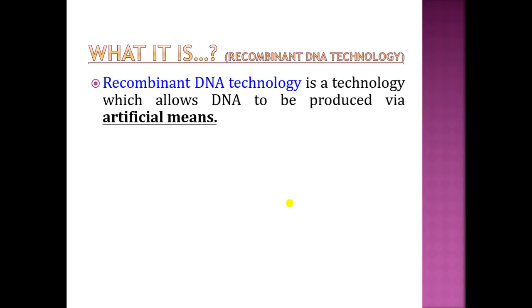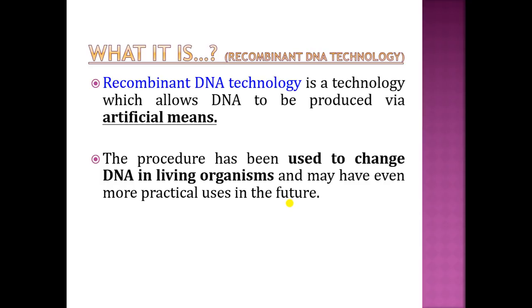So what does recombinant DNA technology actually mean? Simply, recombinant DNA technology is technology which allows DNA to be produced by artificial means. So we can produce DNA artificially. This procedure has been used to change DNA in living organisms and may have even more practical uses in the future also.